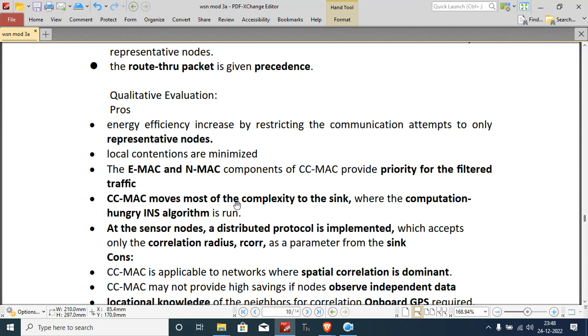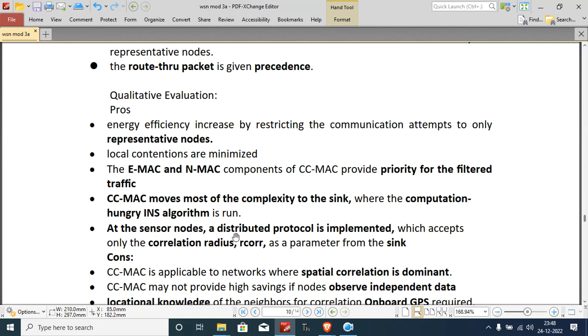CCMAC moves most of the complexity to the sink over here, where the computation hungry INS algorithm is run. Because of this INS algorithm, we'll be estimating the actual signaling event that was happening, as well as determining R core. All of these algorithms happen at INS, that is at the sink end.